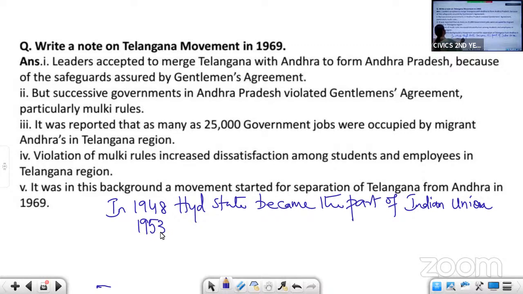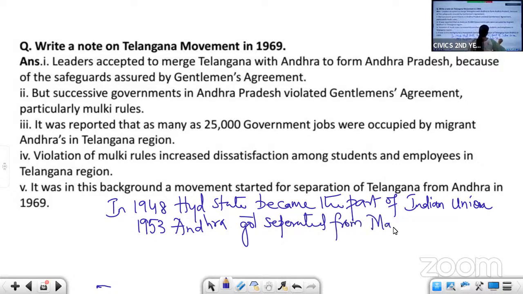Andhra got separated from Madras presidency. So now there were two different states, Hyderabad state and Andhra state.